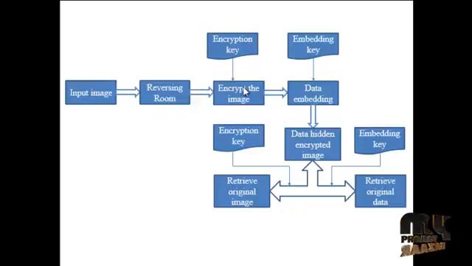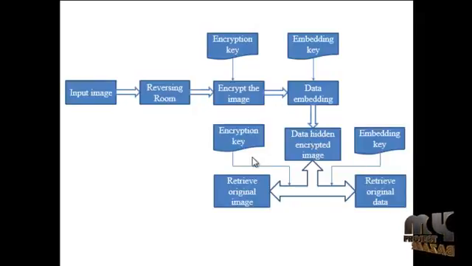After the encryption, the encrypted image goes to data embedding. Here, the data is embedded by LSB and RDH with the embedding key, and it is embedded in the reserving room. After the data is embedded, it goes to the receiver side.